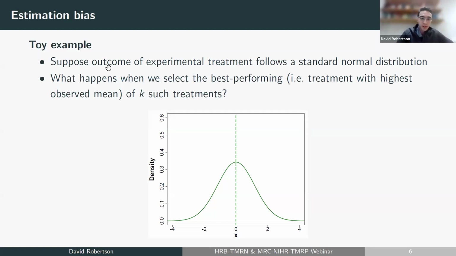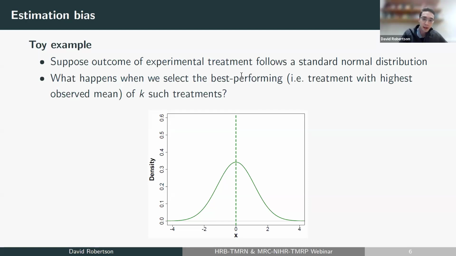And suppose we're running a trial where at the end of the trial, we simply select the best performing treatment, that is the treatment with the highest observed mean. And we have K such treatments.